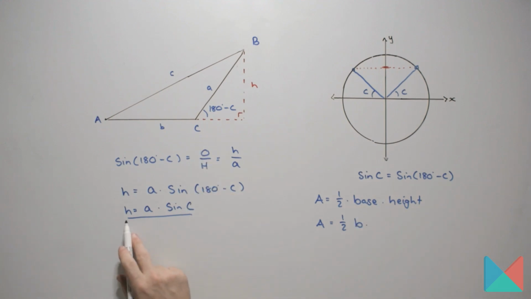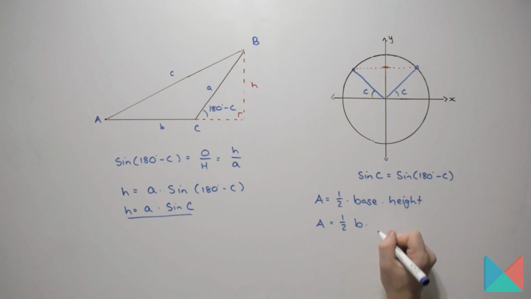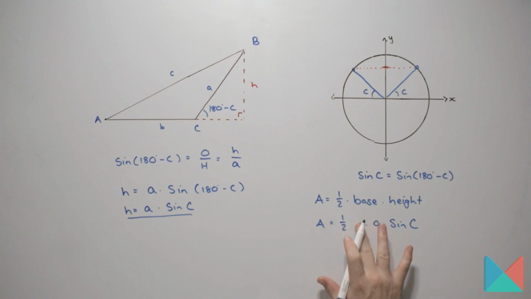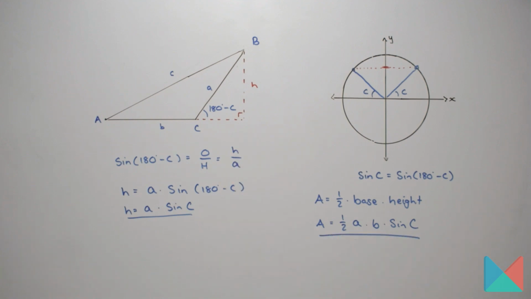And we've written an expression for our height as A times sine C. And if we swap our A and B values around, we get the area rule for our obtuse triangle case. And so that concludes our derivations, and we're going to now move on to some examples.